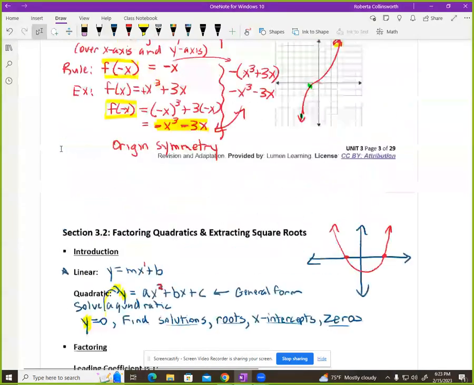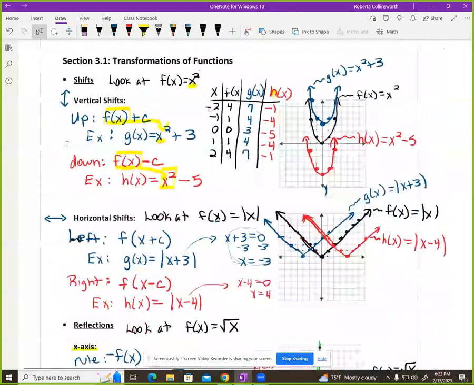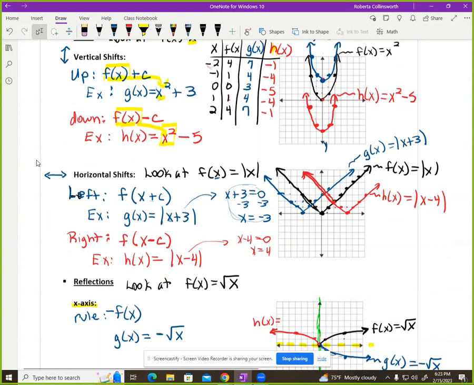If I go to my parent function, here's my parent function. It's only touching the x-axis in 1 place, so I'm only going to have 1 solution. Here, this blue one is not crossing the x-axis anywhere, so there's not going to be any solutions.